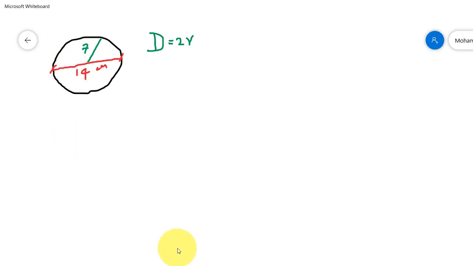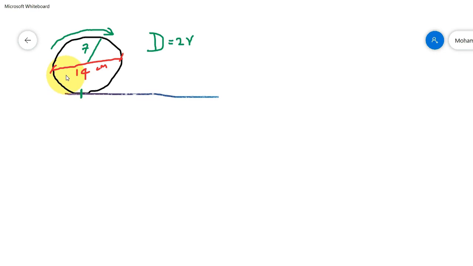Now I'm going to measure the perimeter of this particular circle. For that I'm going to do a small experiment. Let me take one path here and start with this point. Let me mark it. I'm going to roll this circle along this path.